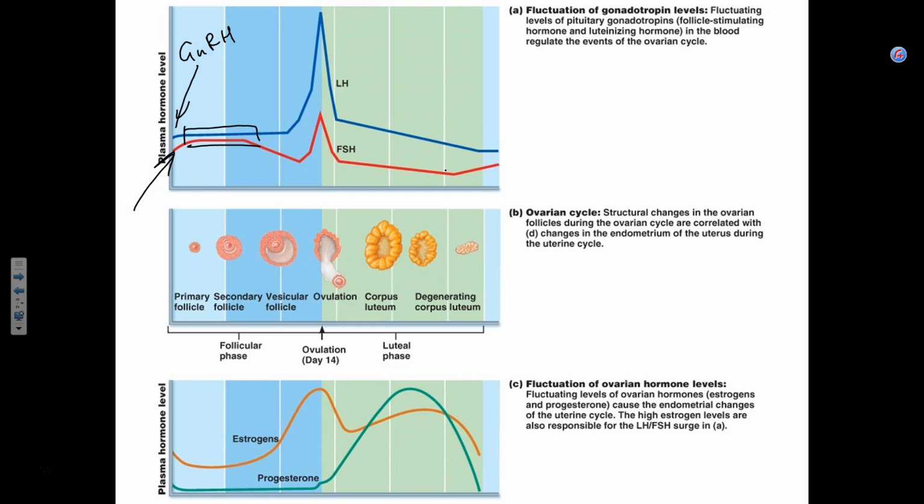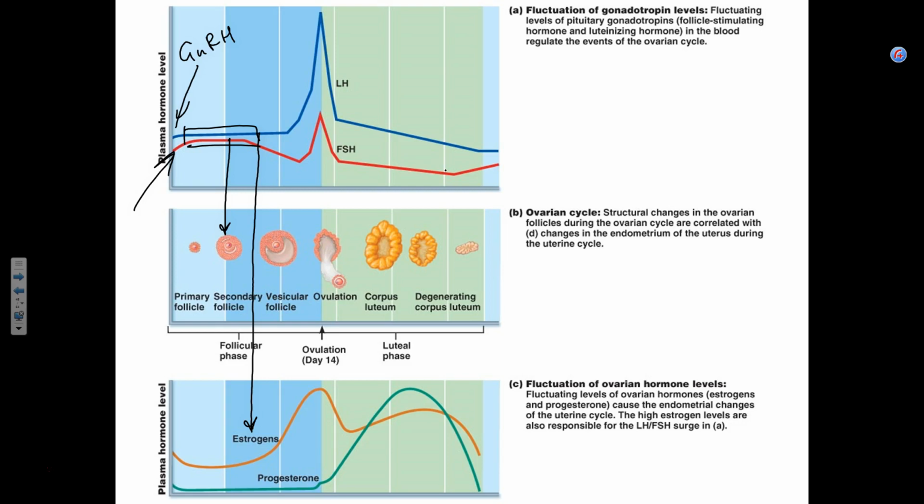Now, luteinizing hormone, what does it stimulate? Which estrogen? Follicle stimulating hormone, what does it stimulate? Follicles. Now remember, follicle becomes bigger and bigger. And which structure in the ovaries produces estrogens?